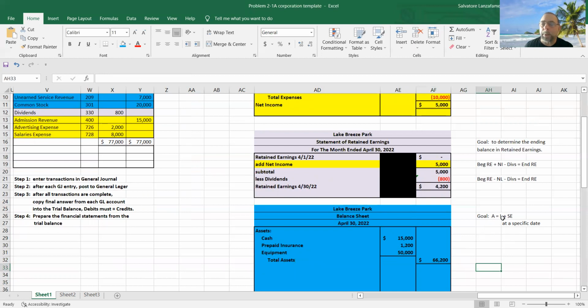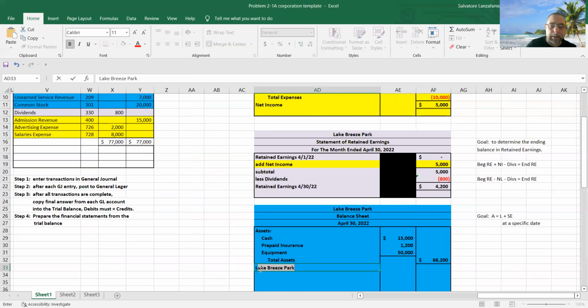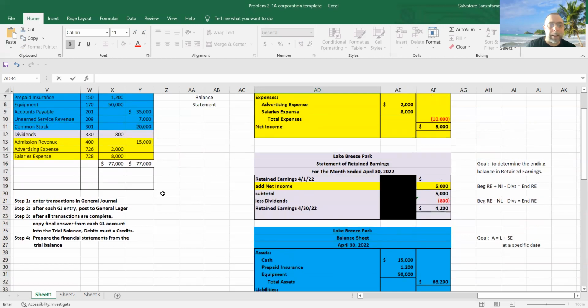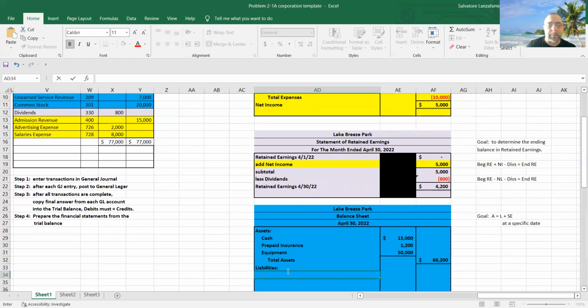Now I'm hoping that when I add my liabilities and my stockholders' equity together, they total 66.2. So speaking of that, let's go for it. Under liabilities, I think we had 2: accounts payable and unearned service revenue.